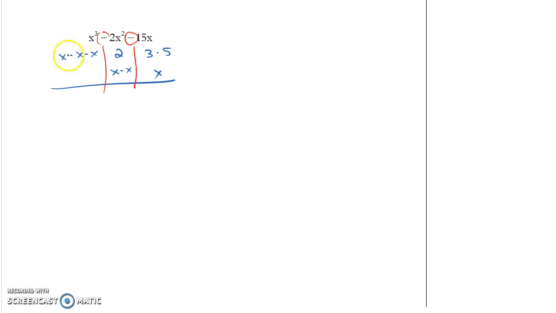And I find the common factor. The only thing they all share is an x. That gets pulled out. X times x is left over, 2 times x is left over, 3 times 5 is left over. So it's x squared, it's a subtraction problem, I bring that down, 2x, subtract, 15.